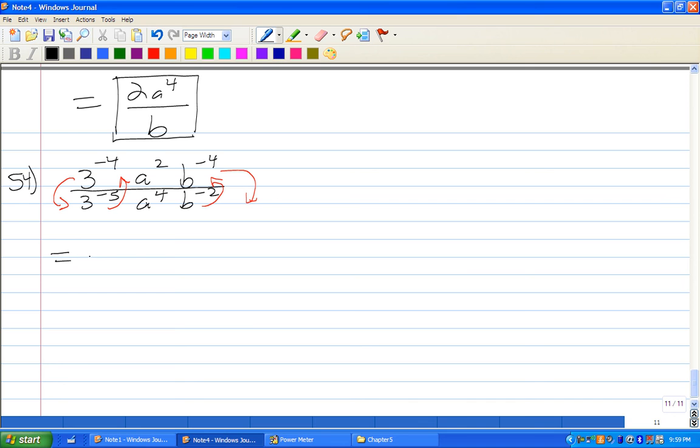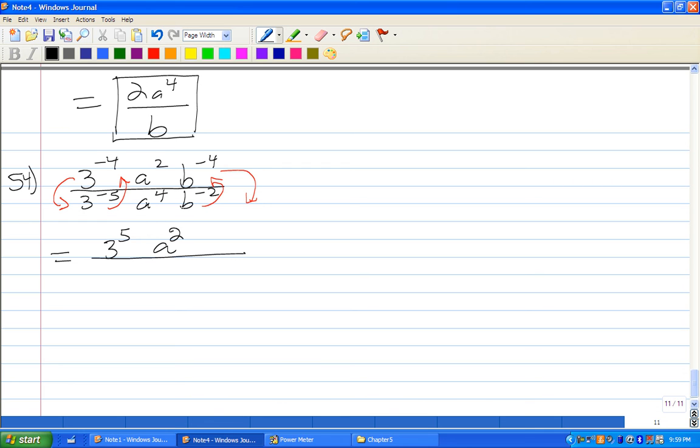Okay, so this is equal to, well, this is no longer there, but I have an a squared in the numerator. I'm bringing the 3 to the negative 5, I'm sorry, that's 3 to the negative 5, up to the numerator.